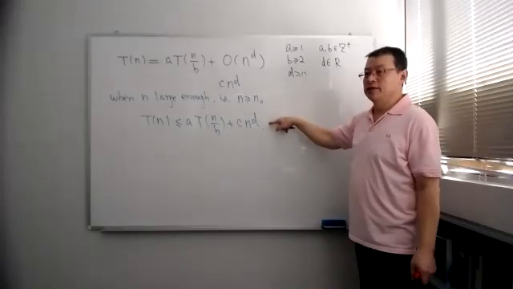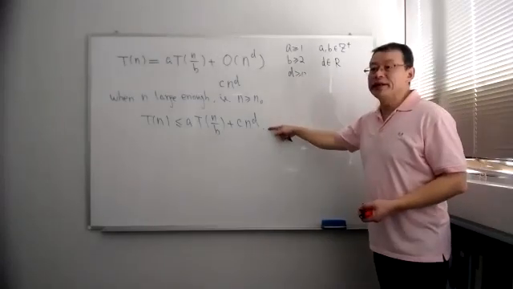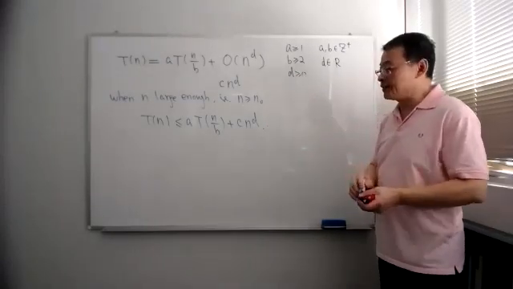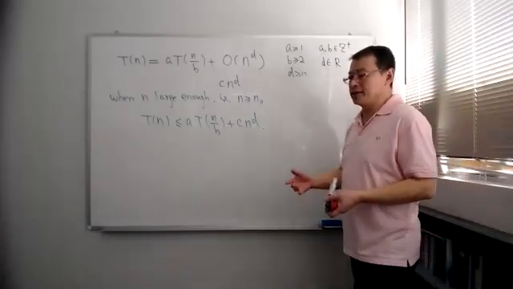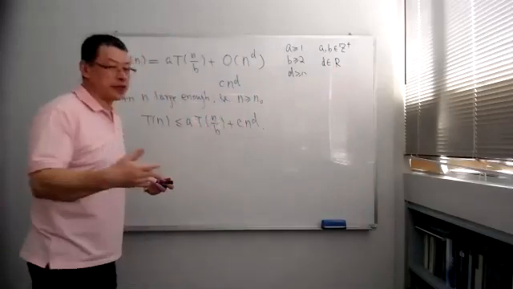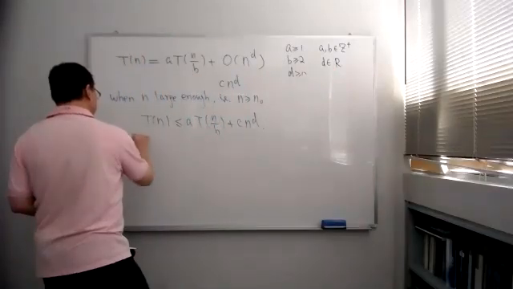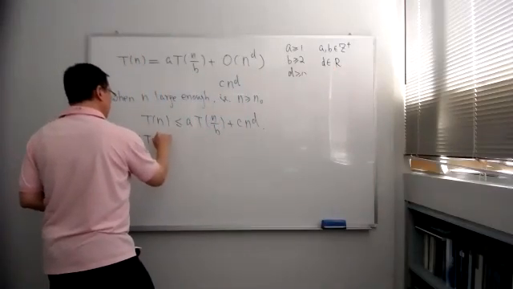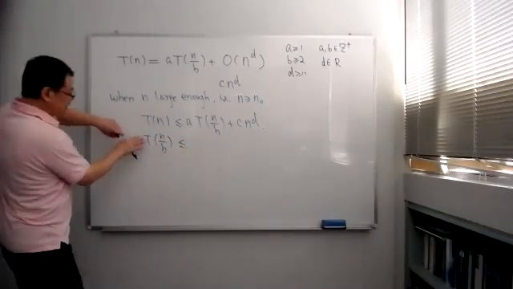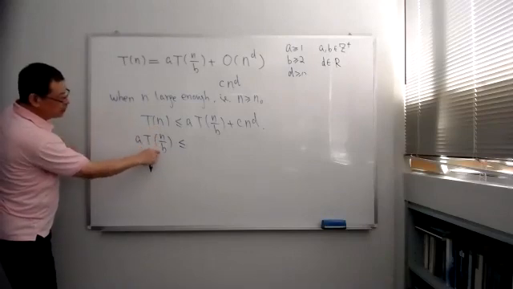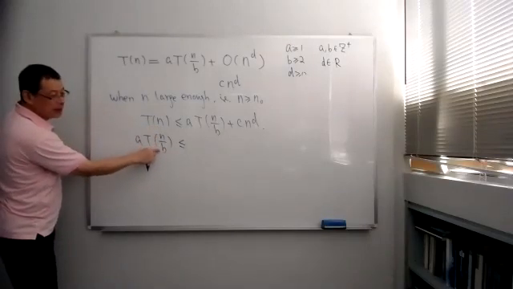So this is a recurrence relation, and we can try to solve it directly using iteration. One way is to organize things as I demonstrated many times: put a T(n/b) on this side, then replace n by n over b.